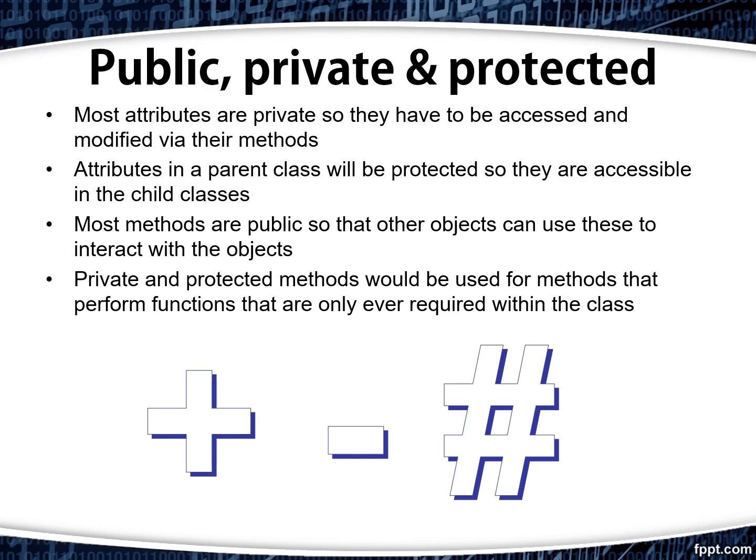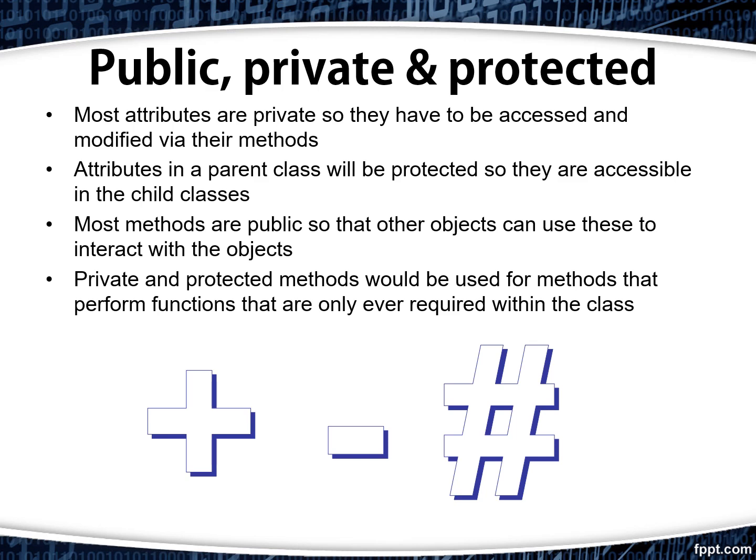Private and protected methods would be used for methods that perform functions that are only ever required within the class. Consider the example of a method that would allow us to calculate the cost of delivery for a particular sales order. The sales order class would have a method that does this, but it wouldn't be required by other objects outside of the class.